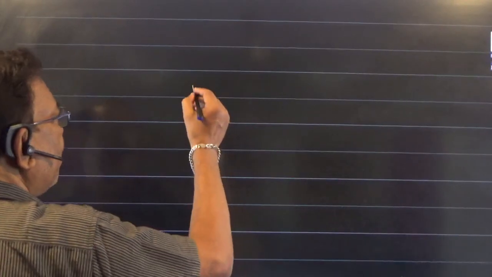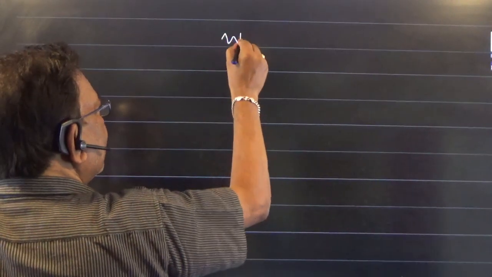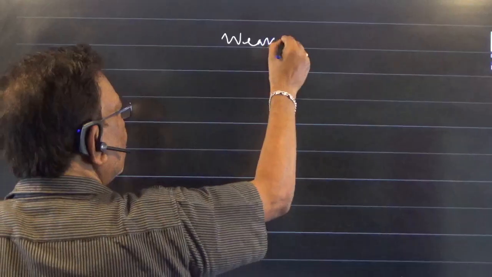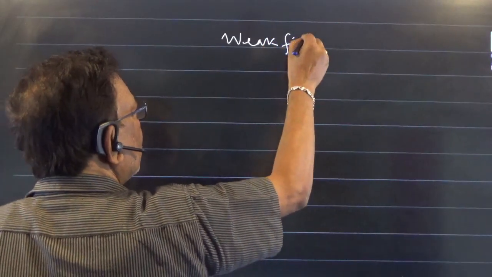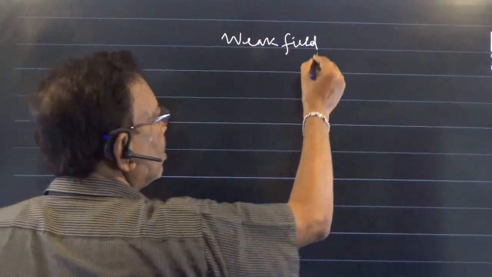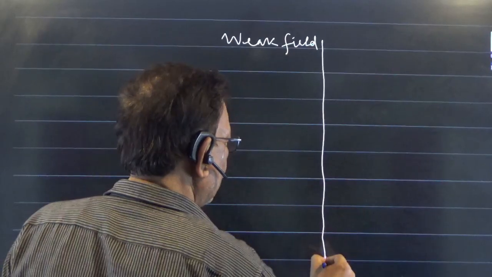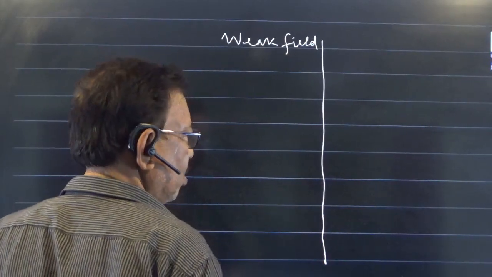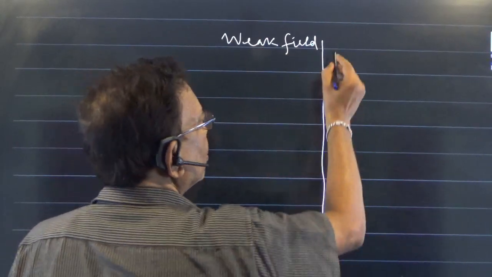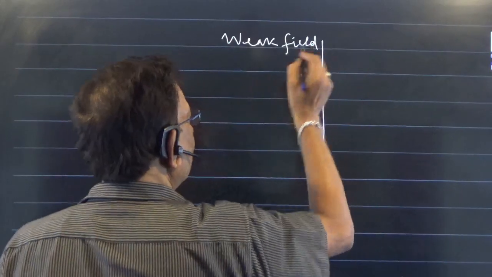Say for example, weak field ligands and strong field ligands. Okay, weak field ligands first.